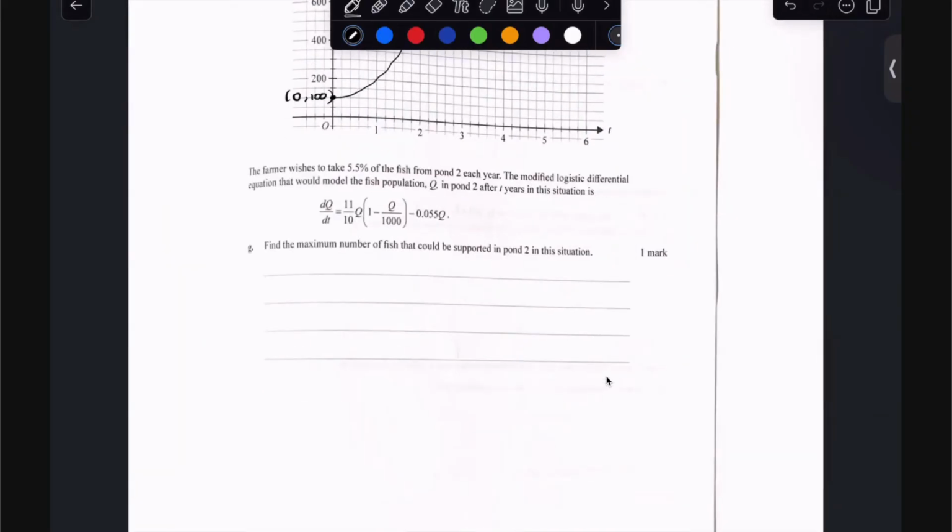The farmer wishes to take 5.5% of the fish from pond 2 each year. The modified logistic differential equation that would model the fish is that. Find the maximum number of fish that could be supported in pond 2 in this situation. So if it was 5.5% of the fish from pond 2 each year, the modified logistic differential equation.